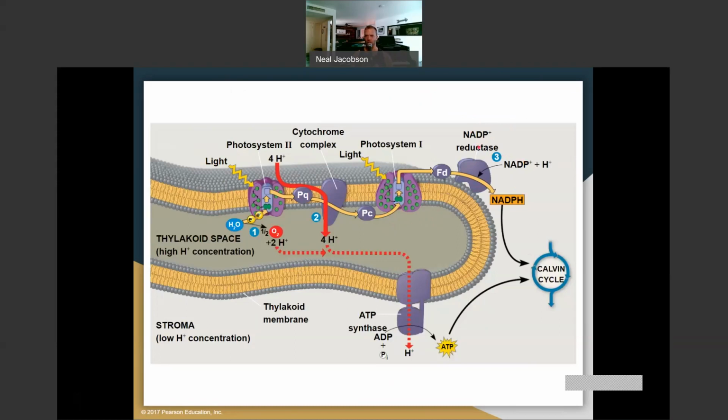So NADP reductase is going to take those electrons that were originally from water that powered all of these proton pumps. It's going to take those electrons that just got charged up in photosystem 1 and transfer them to NADP, reducing it. So anytime we take electrons from somewhere and put them on something, the thing that's gaining electrons gets reduced.